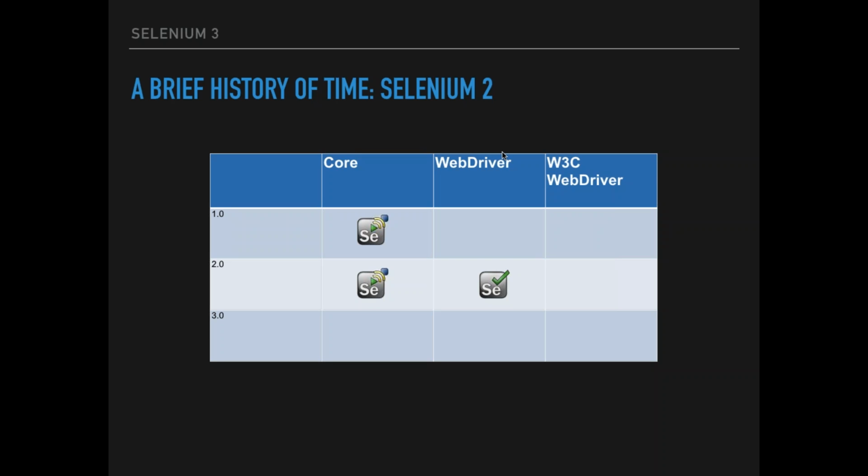But the problem is that browsers didn't stop getting more complicated, and the web became more and more sophisticated, and additional features were added. And it was becoming increasingly difficult to keep up. It was at this point that Opera Software suggested that we take the WebDriver implementation that we had in Selenium and standardize it with the W3C, the World Wide Web Consortium.